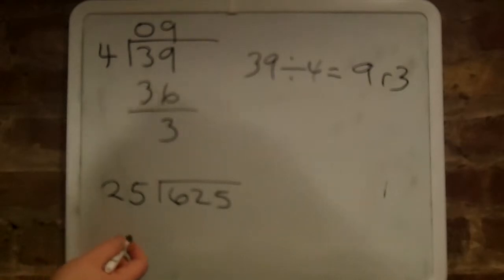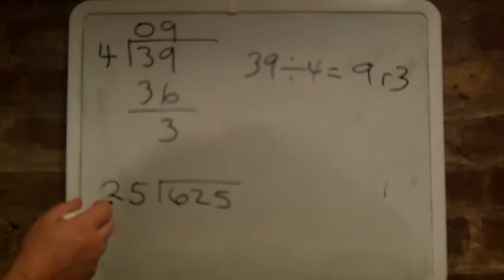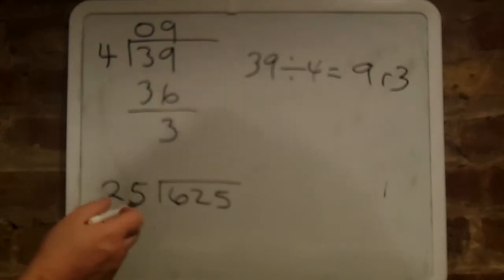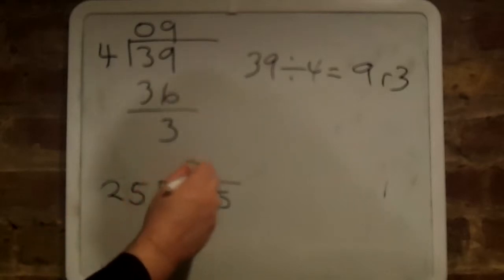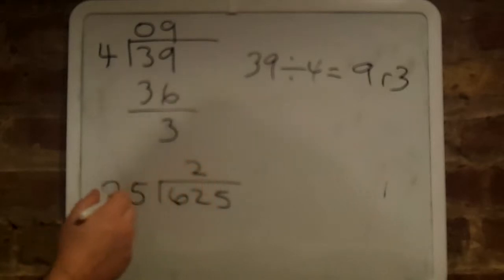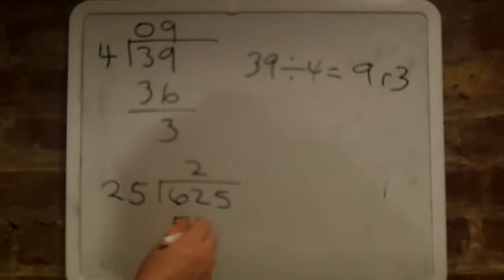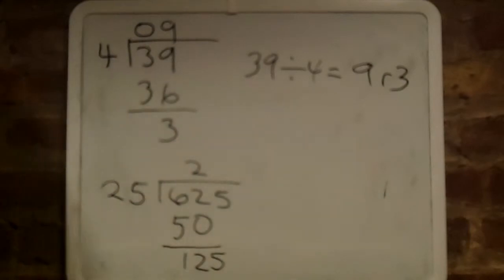It's a little easier. So a quarter is 25 cents, 2 quarters is 50 cents, 3 quarters is 75 cents. So since 75 is too big, it would have to be 2. 2 times 25 is going to be 50. I'll bring this down here, 12. We bring down 5.